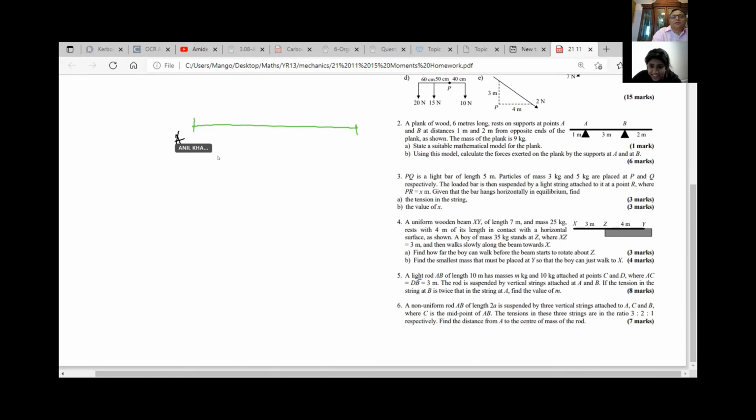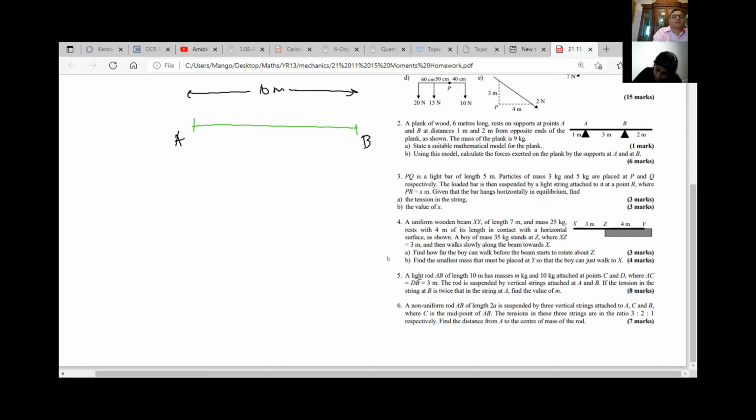So a light rod AB, length 10 meters. It has masses m kg and 10 kg attached to points C and D, where AC and DB are 3. Okay, A to C and D to B is 3.